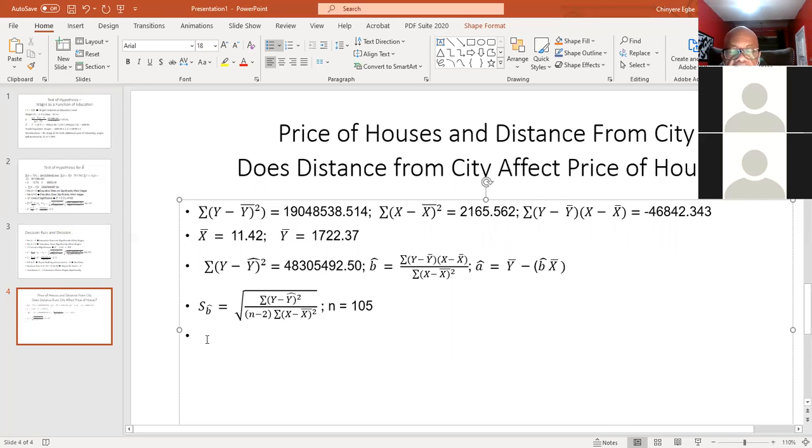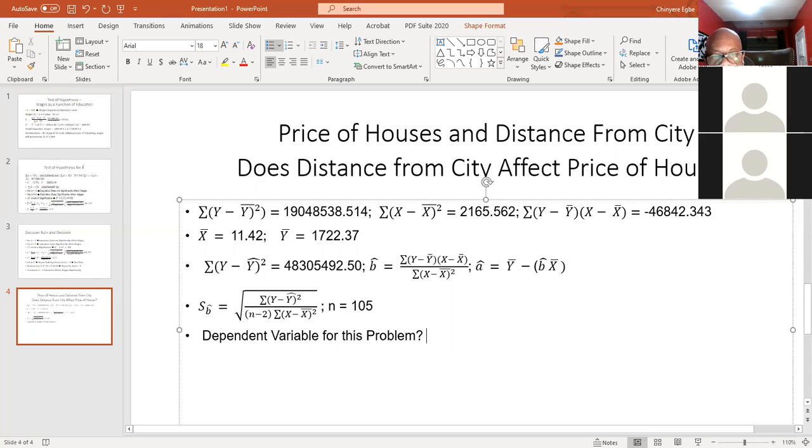All right, so now we're going to set up the model again. What is the dependent variable for this problem? What value depends on what?